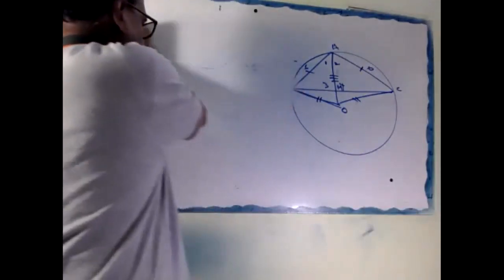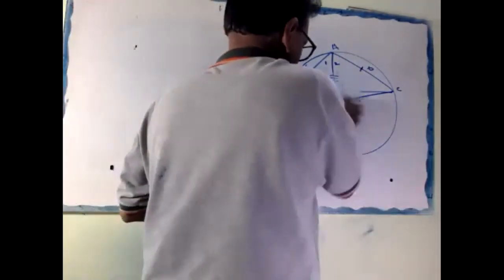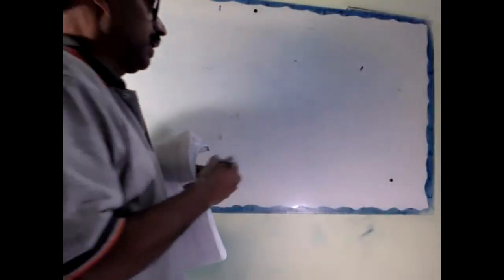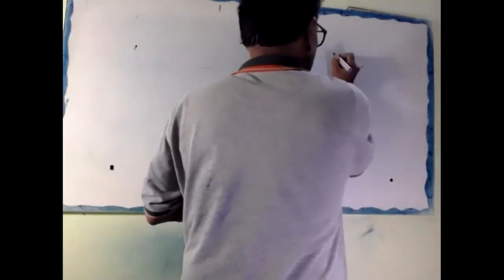Look at here. Okay. Equal chords of a circle are equidistant from the center.